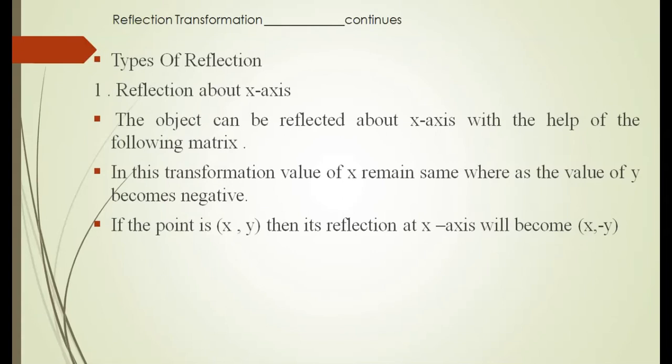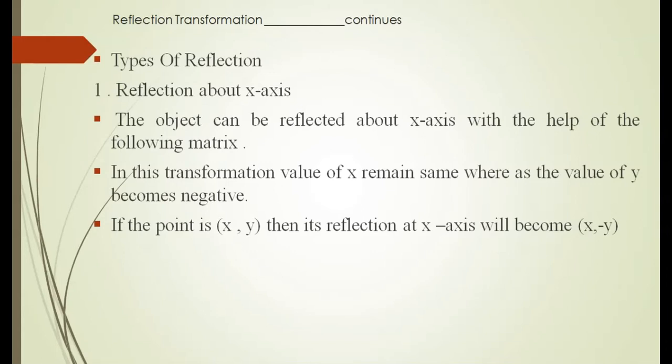If the point is (x, y), then its reflection at the x-axis will become (x, -y). So what does reflection about the x-axis mean? In this reflection, a matrix is used, and by using the matrix we can reflect our image along the x-axis and y-axis.